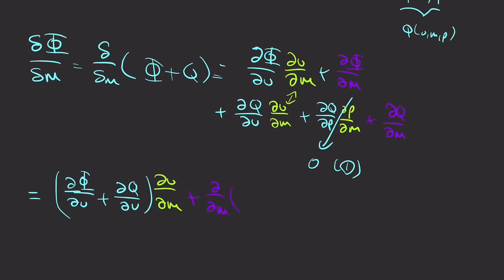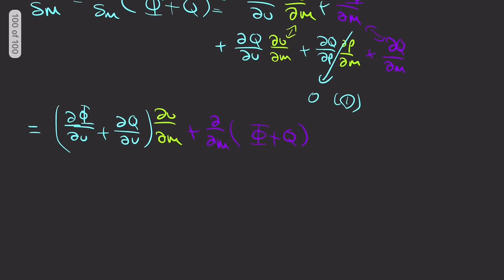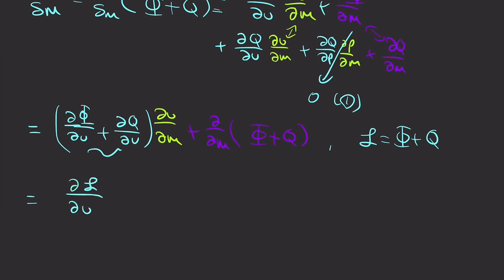Then these two are both partials with respect to m, it's phi plus q. Note that L is just phi plus q. So I can rewrite this as the partial of the Lagrangian with respect to u times partial u partial m, plus the partial of the Lagrangian with respect to m.